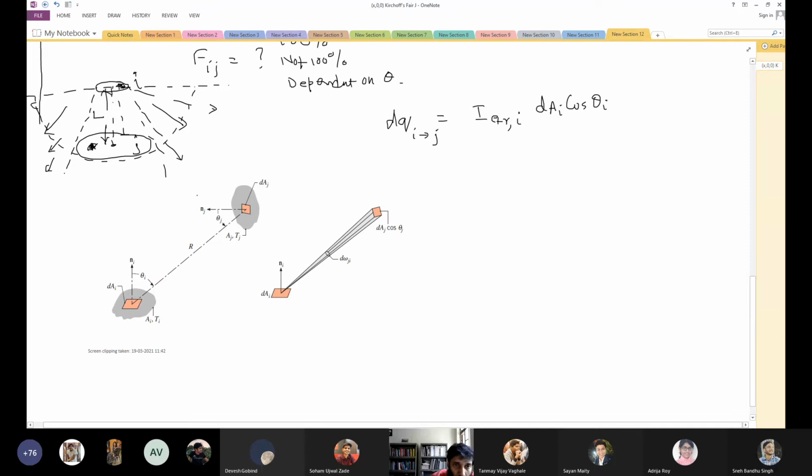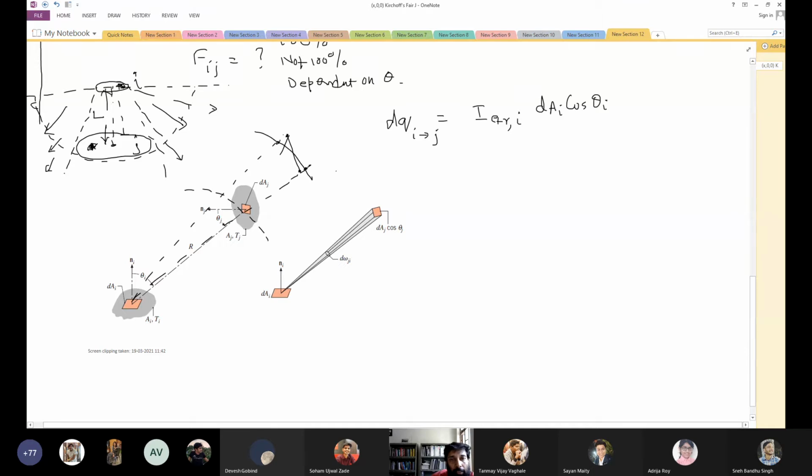So first let us think of a hemisphere here. This surface is not on the hemisphere surface, by the way. If this is the hemispherical surface, this surface is arbitrarily oriented, so it may be oriented like this. First let us see how much of this goes onto the hemispherical surface, the projection of this.